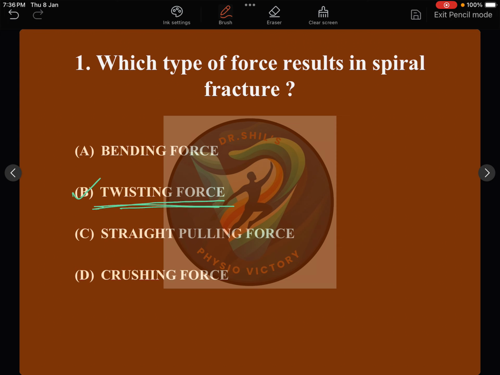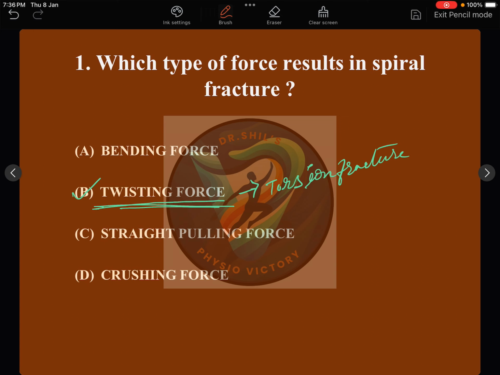Actually, a spiral fracture is also known as torsion fracture. It occurs when a bone is subjected to a rotational or twisting force along its long axis.